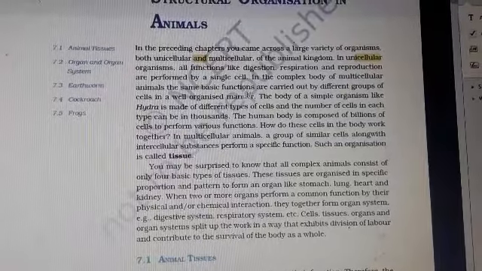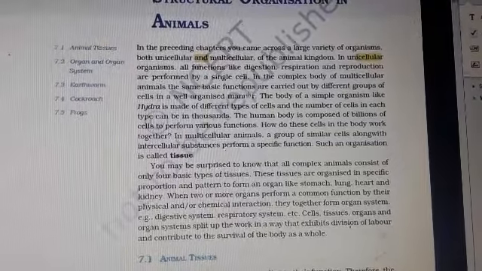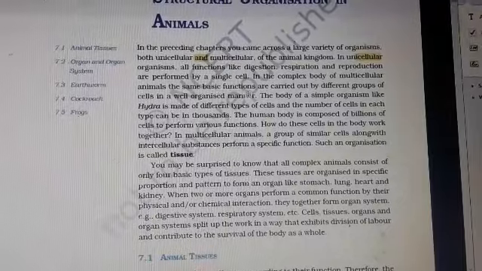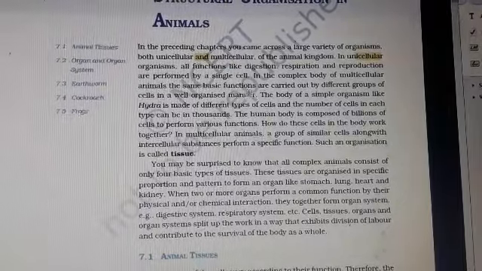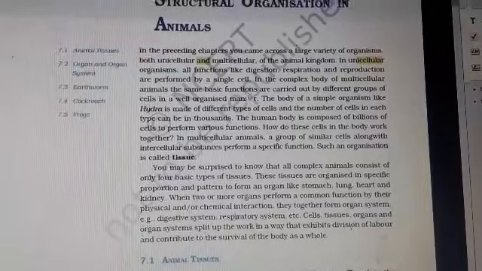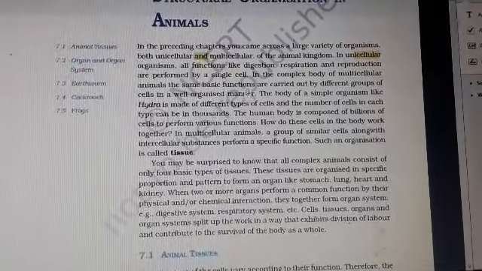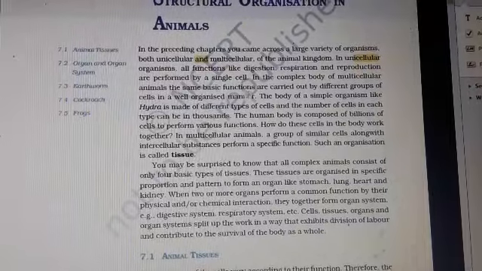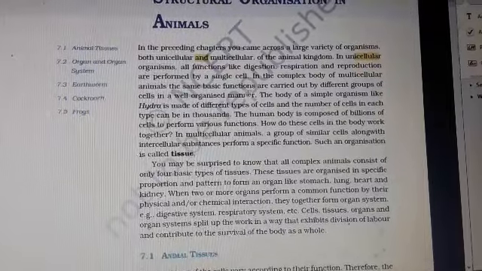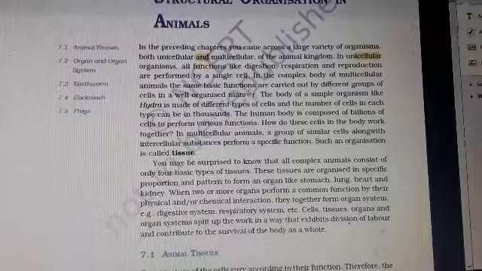Cells, tissues and organ systems split up the work in a way that exhibits division of labor and contributes to the survival of the body as a whole. In a complex body, a single cell cannot perform all the functions, so there has to be division of labor.